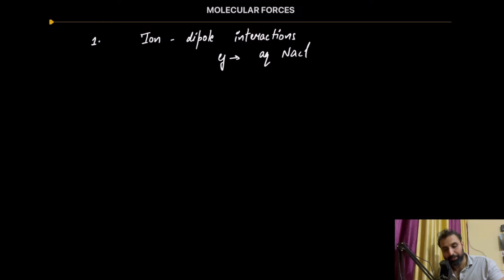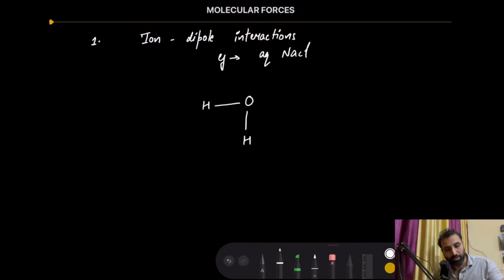So I'm drawing the structure of H2O molecule now. That's the oxygen, hydrogen, and the hydrogen. Now, as we all know that the electronegativity of oxygen is greater than that of hydrogen.